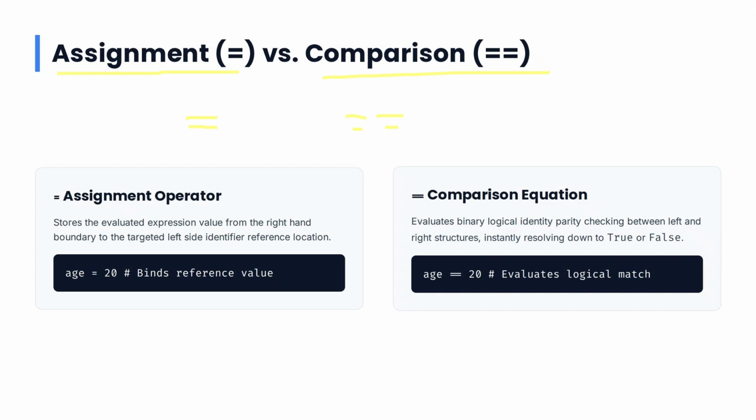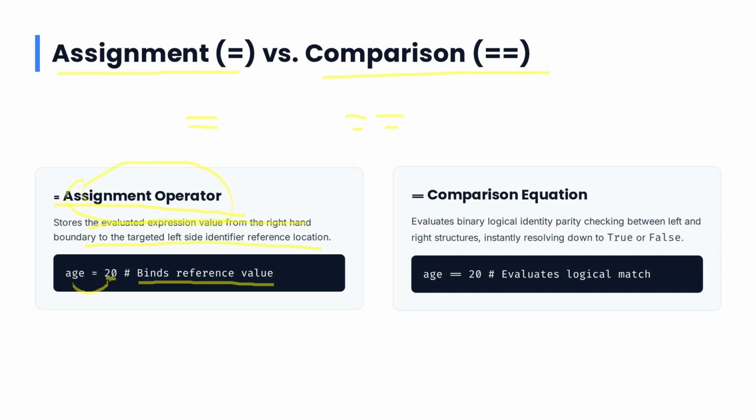Here the equal to assignment operator stores the evaluated expression value from the right-hand side to the targeted left-hand identifier reference location. That is, the value 20 is being stored in the variable named age. This binds the reference value; it does not compare or represent mathematical equality. It only means assignment operator.